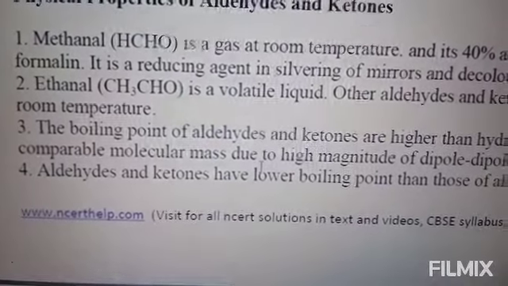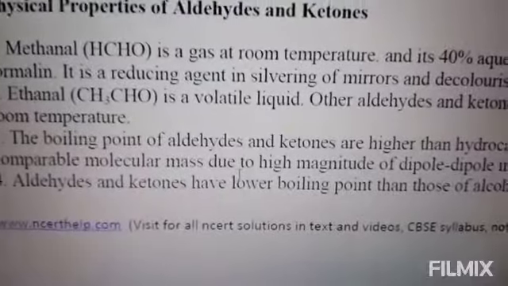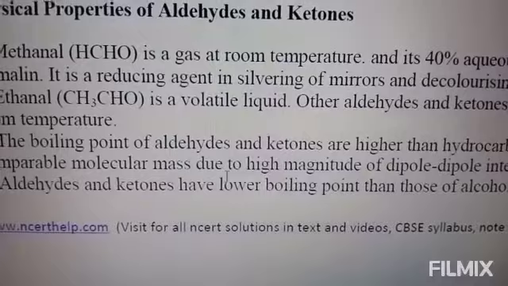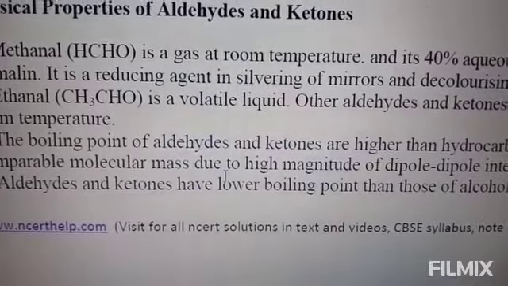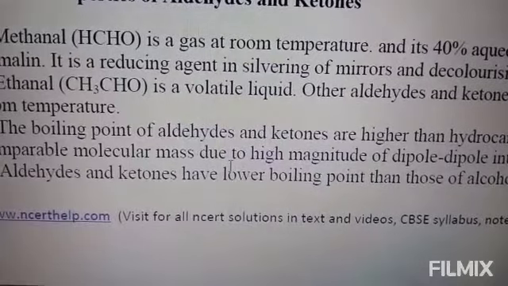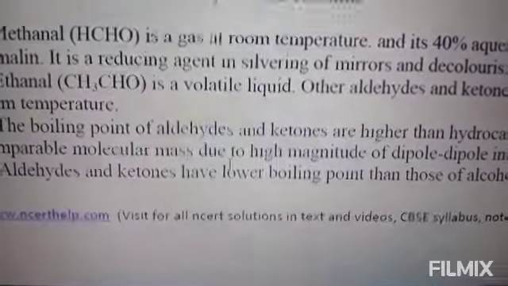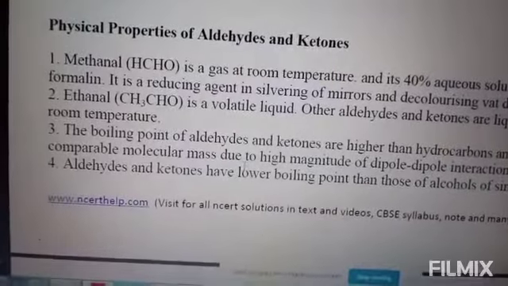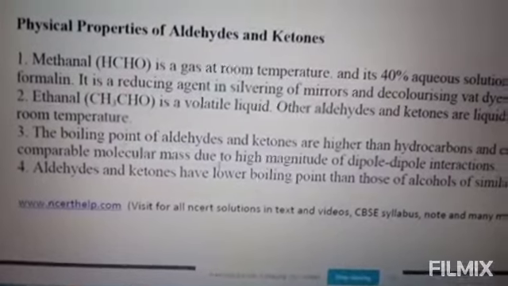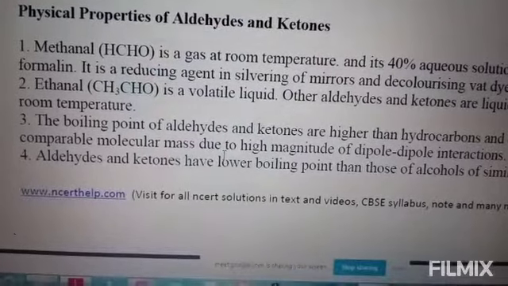And formalin contains 40% methanol, that means 40 ml of methanol and 60 ml of water. This formalin is used for storing biological material in your biological lab, and it is also used as a reducing agent in silvering of mirror.